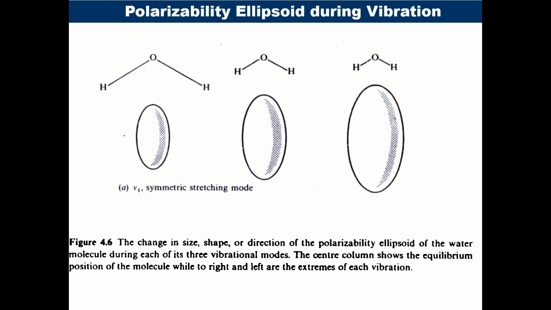Now look at water, symmetric stretching mode. So what is happening here? See, the first one, you have the most stretched condition. This is the equilibrium or mean, then this is stretched, and this one is contracted.